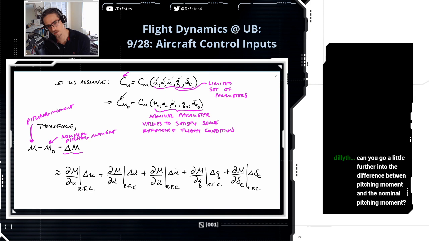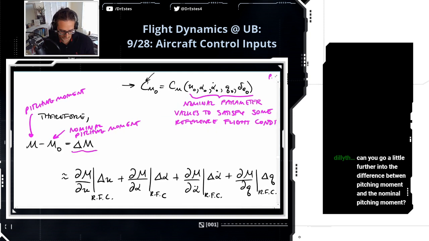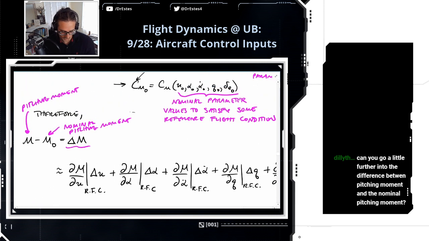So you'd call that a steady descent. And I can specify more details about that, whatever, with like specific speed, etc. So the nominal pitching moment would be what pitching moment needs to be applied to the aircraft to maintain that flight condition. Steady descent, whatever speed that is.